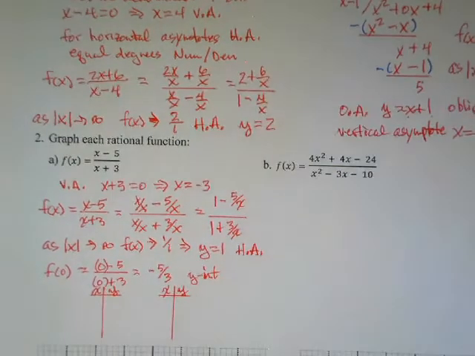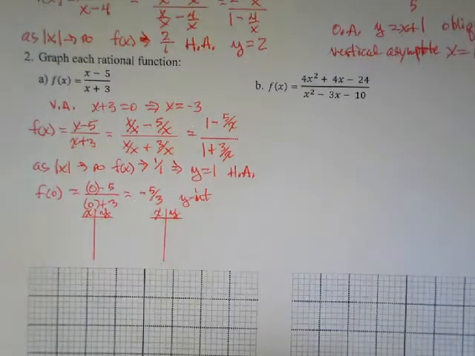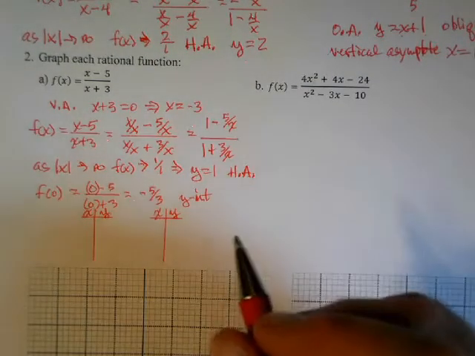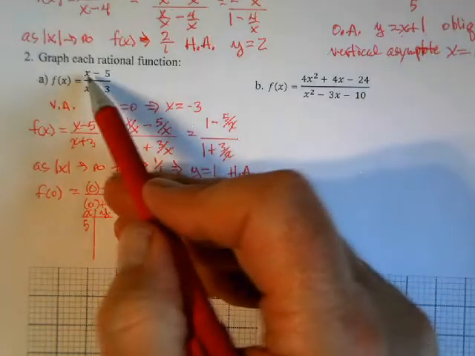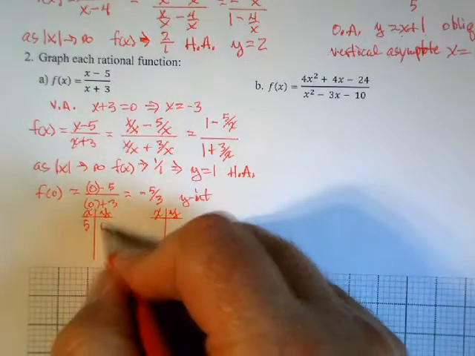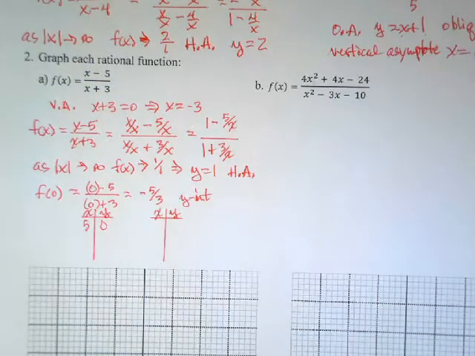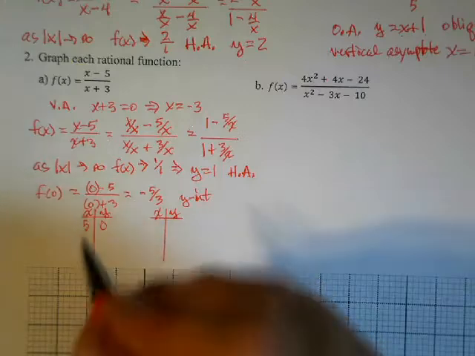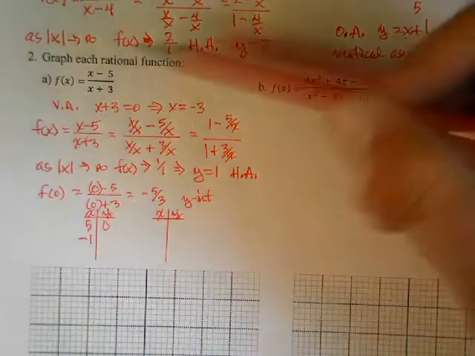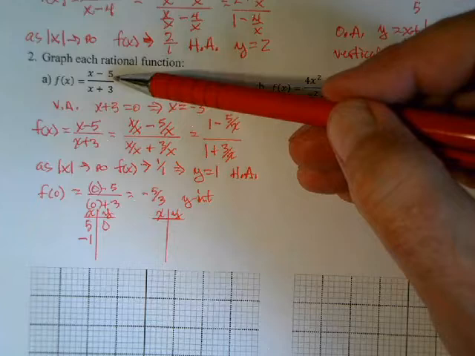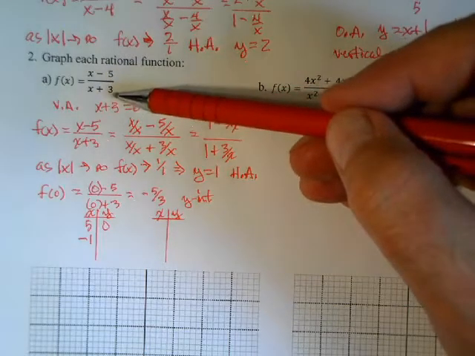So let's see, if I put in x is 5, that's going to give me 5 minus 5, therefore 0. If I put in negative 1, negative 1 minus 5 is negative 6. Negative 6 over negative 1 plus 3, which is 2. Negative 6 over 2 would be negative 3.